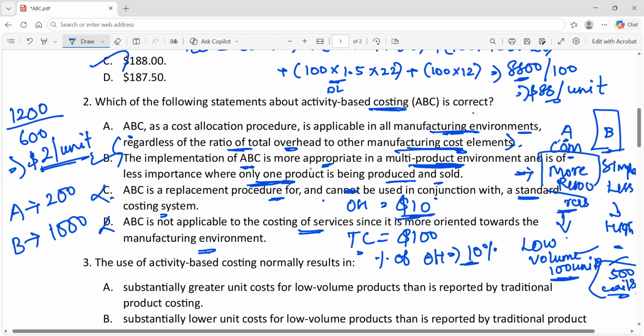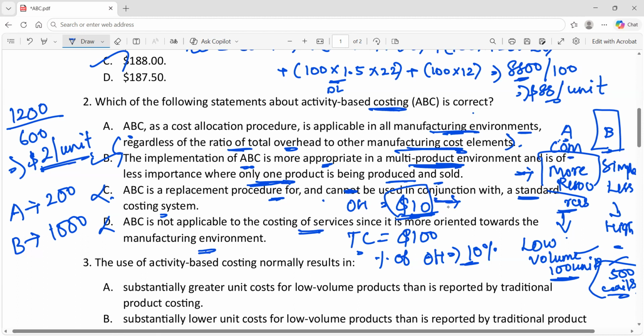Why? Because see here, the total overhead is only $10. But if you are applying activity-based costing, it takes a lot of time and it is a costly system to employ. Just to absorb this $10 of overhead, you have to take a lot of steps.